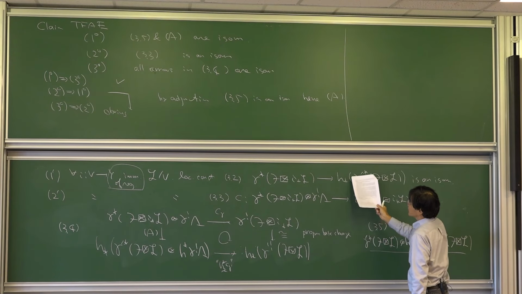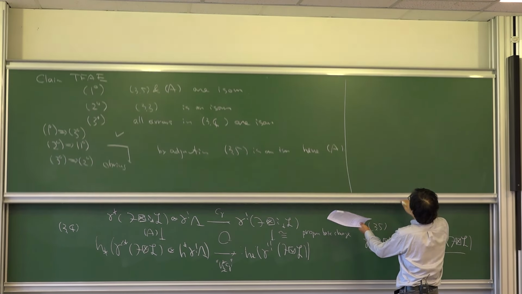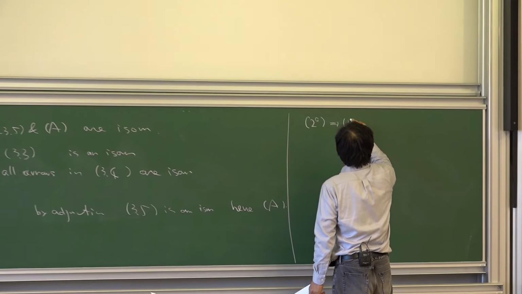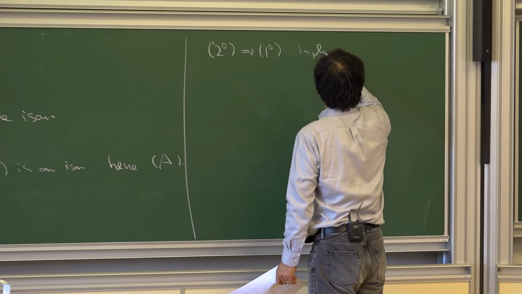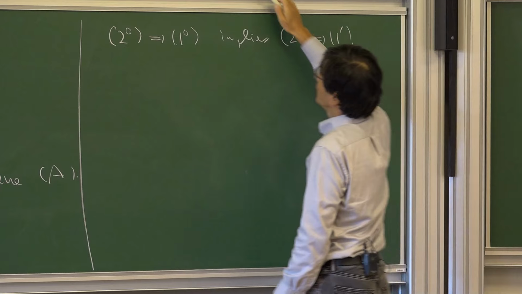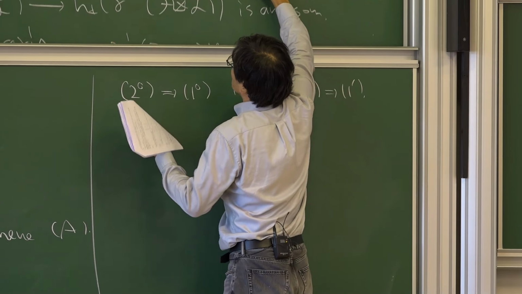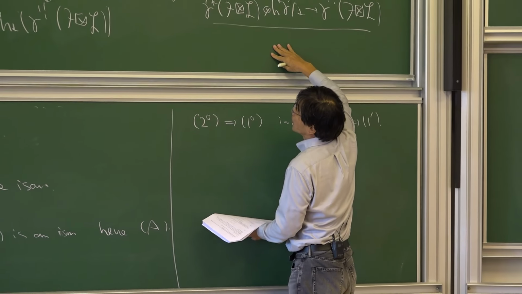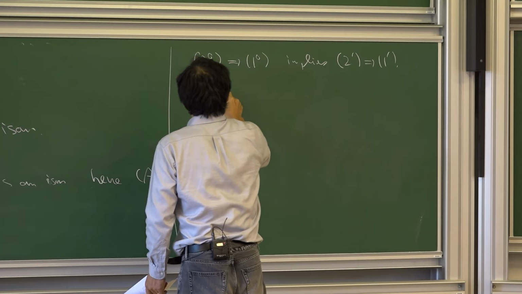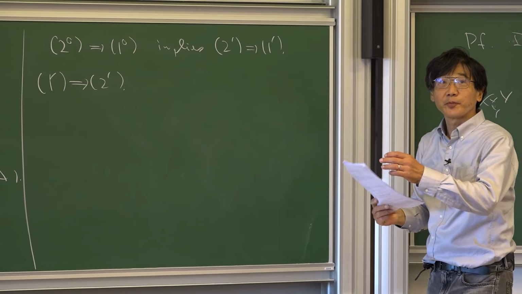So this already shows that 2 prime implies 1 prime. Okay, so our remaining task is to show this implication.